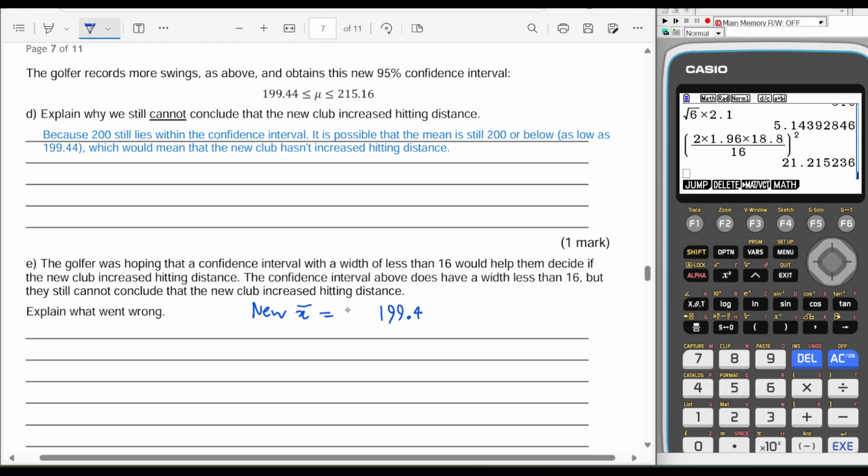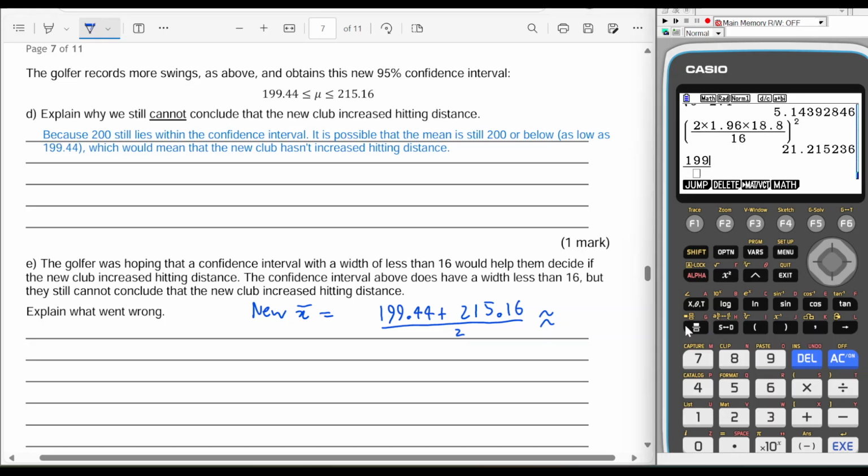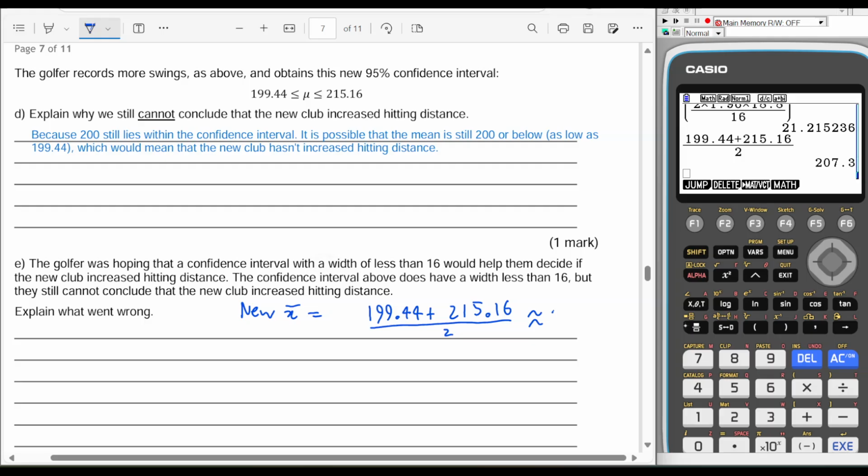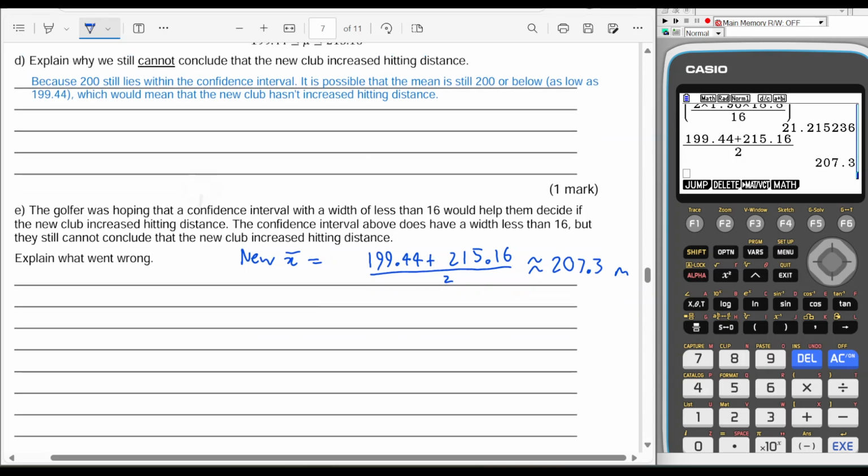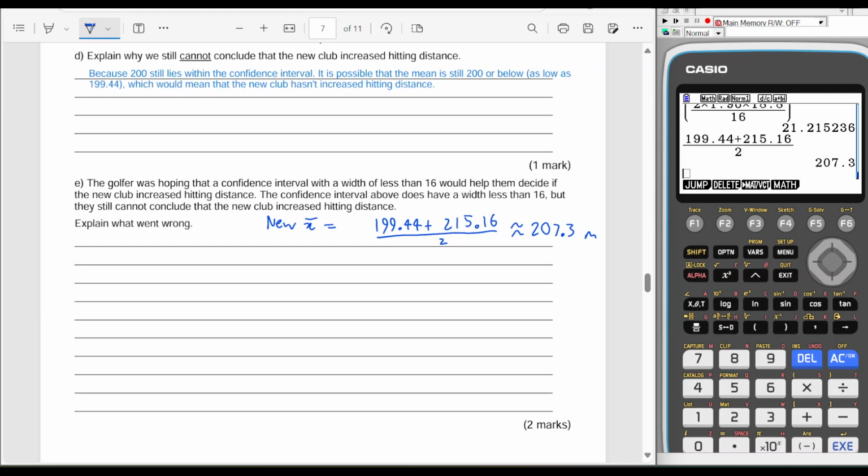So 199.44 plus 215.16 all over 2. We can work out what that is: 207.3 meters. So that is the new x bar value.